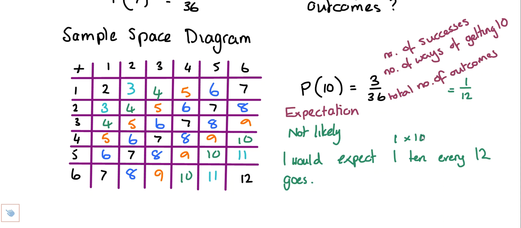If I only do it 12 times, it's probably not going to end up being 4. It might be, but that's the difference between theoretical and experimental.